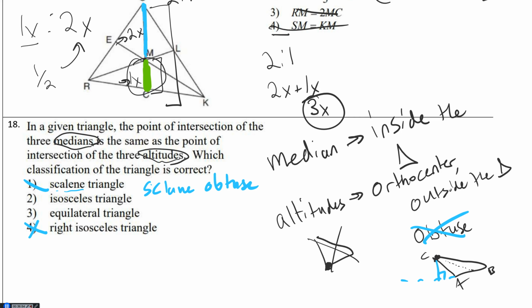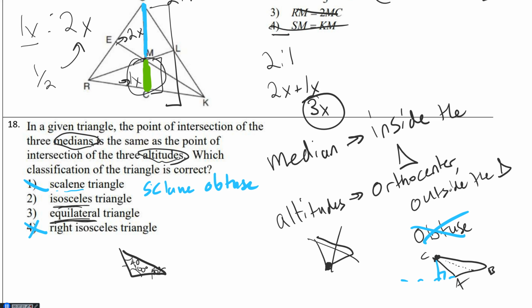Well, I know in an equilateral triangle things are usually nice and even, everything's in the middle. For an isosceles triangle, let's say I've got an isosceles triangle that looks something like this, where this is 100 degrees and each of these base angles are 40 degrees. This is an obtuse triangle.